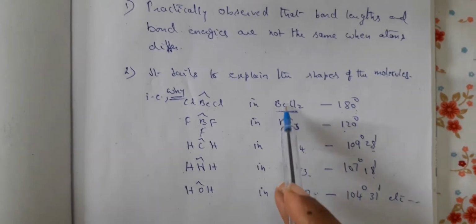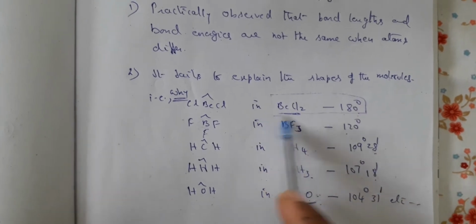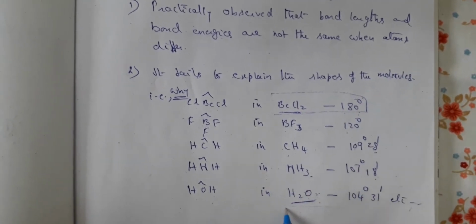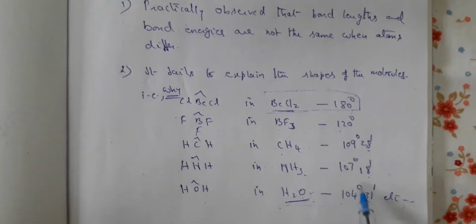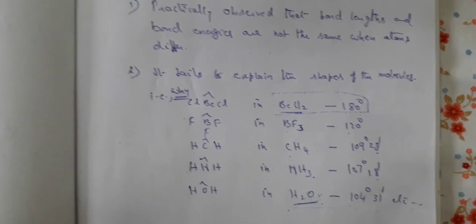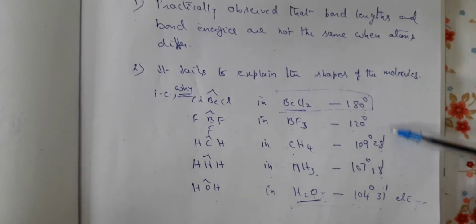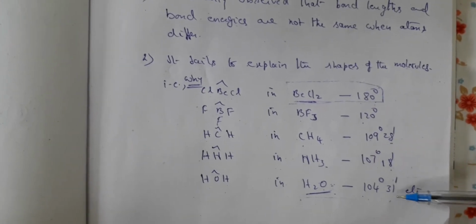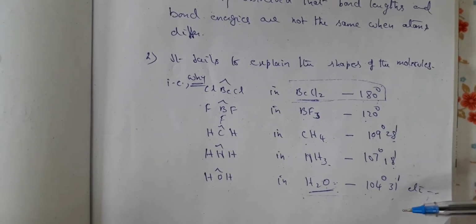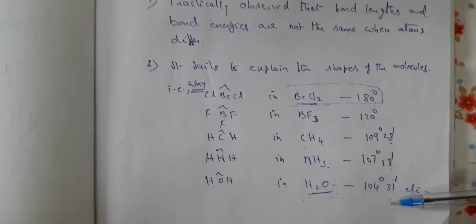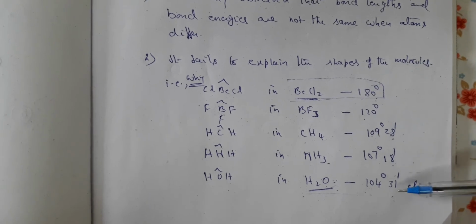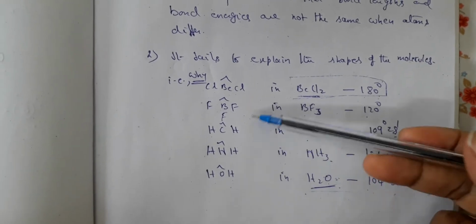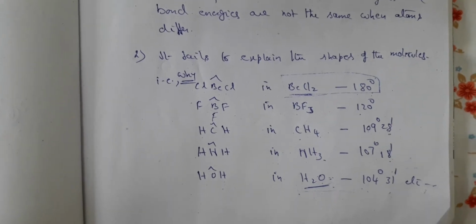If this can be explained easily based on the theory, this should also have 180 degrees. But it is coming around 104 degrees 31 minutes. Why is such a different angle practically observed when bonds are formed with different atoms participating in the covalent bond?